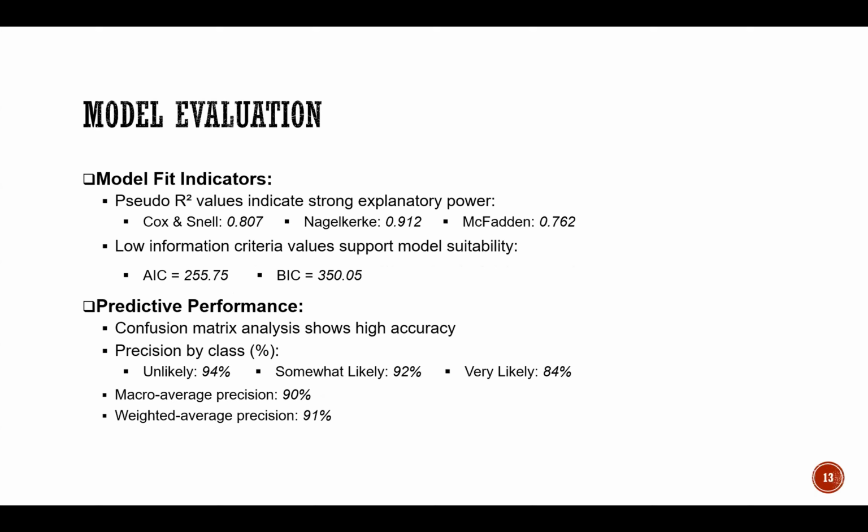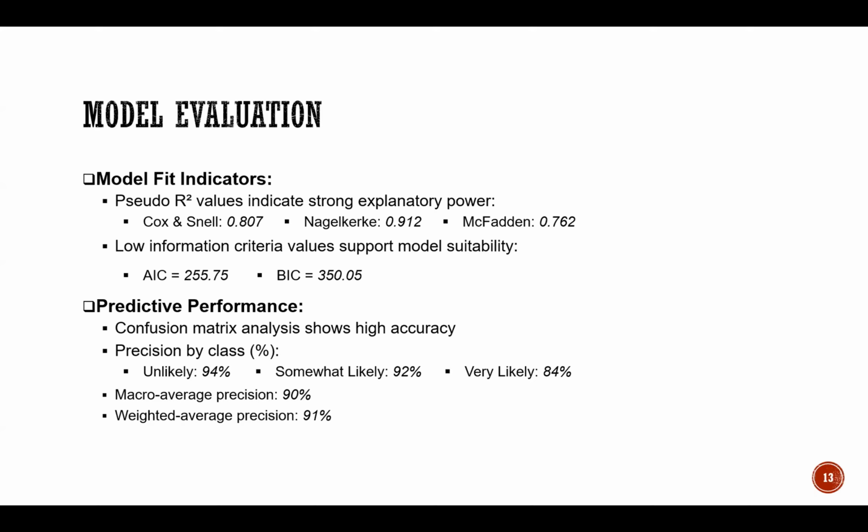To assess the performance and reliability of our ordered logistic regression model, we examined several key indicators. First, the pseudo R-square values suggest a strong explanatory power, indicating that the model effectively captures the relationship between predictors and the outcome variables, as all the values are over 0.75.